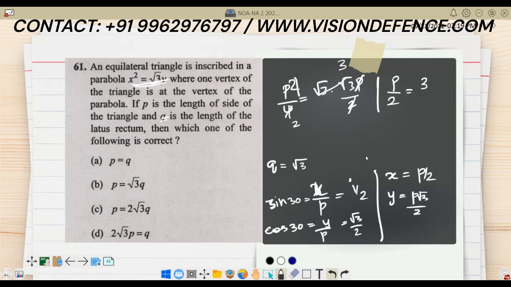So P is equal to 6. So if P is equal to 6 and Q is equal to root 3, only this option will satisfy these conditions. So option C is our answer.